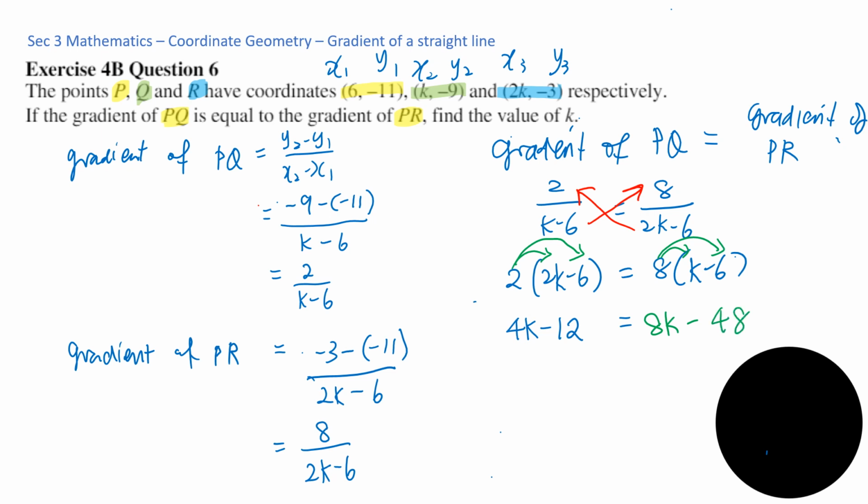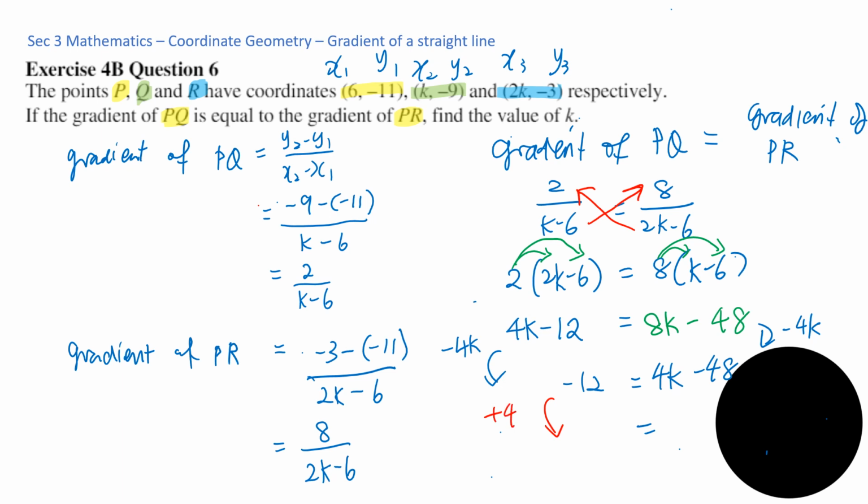Okay, so now you rearrange and you solve. You see an 8k here and a 4k here. I can rearrange it. I minus 4k to both sides. Okay, so that 8k minus 4k will give me 4k. And then I rearrange again. I don't want the 48, so what do I do?